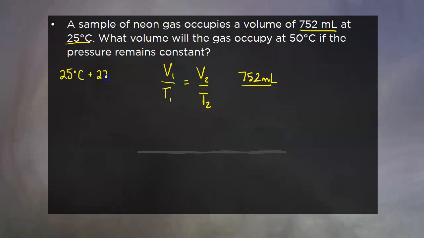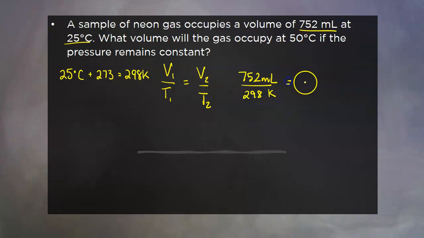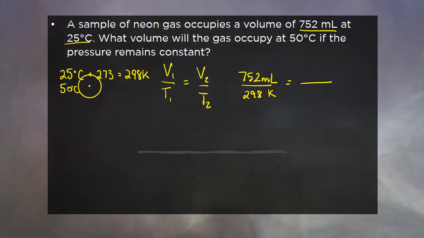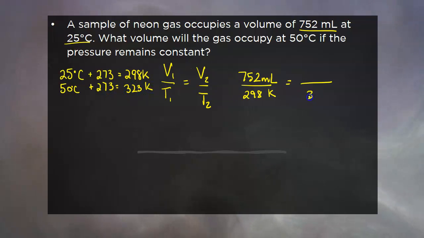I'm going to convert it to Kelvin first. So 25 degrees Celsius plus 273 equals 298 Kelvin. So that's what I'm going to put in for T1. And then 50 degrees Celsius plus 273 is 323 Kelvin. So I'll put that there.